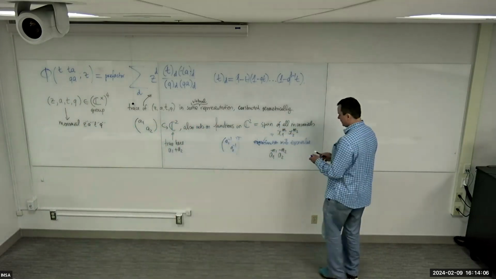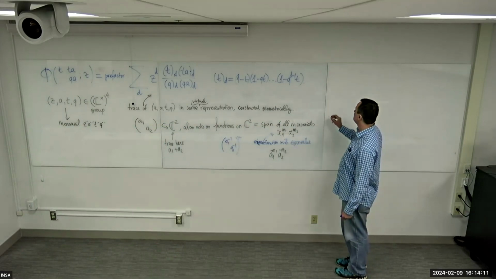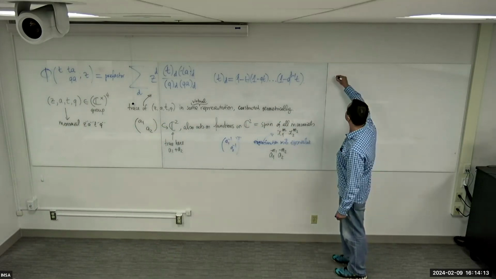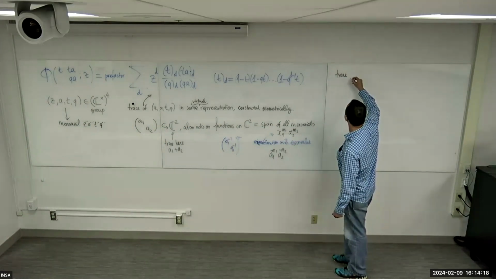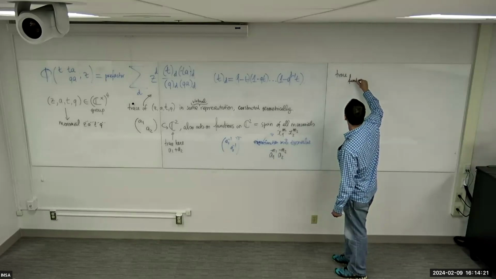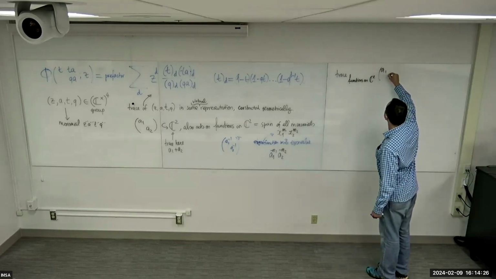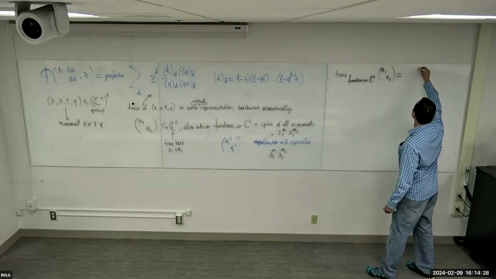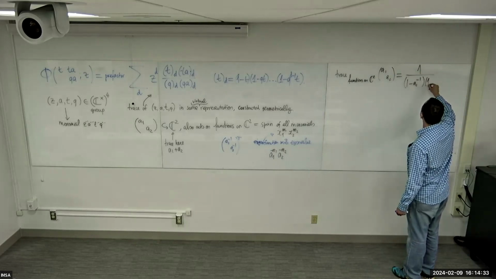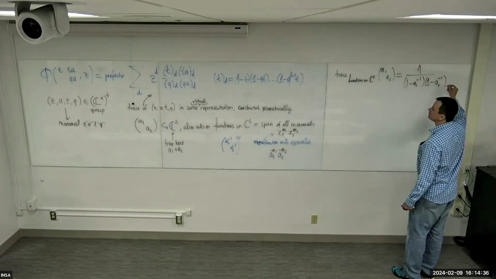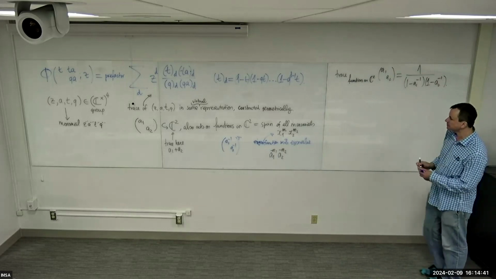And so then if I take the trace, I have to sum over all M1 and M2, and so then the trace in functions of the matrix A1, A2 is equal to 1 over (1 minus A1 inverse)(1 minus A2 inverse). Product of two geometric progressions.